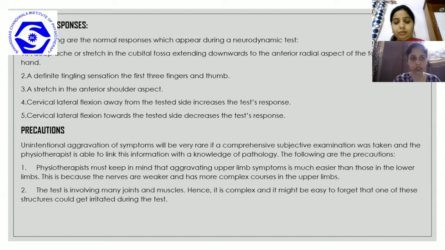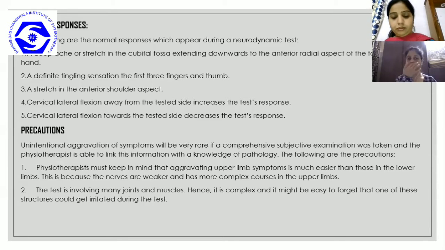So we move further. Normal responses. Neurodynamic testing usually involves the stress and tension which is produced throughout the nerve course. So there are normal responses which we usually expect. That is a deep ache or stretch in the cubital fossa whenever we are doing upper limb tension testing.